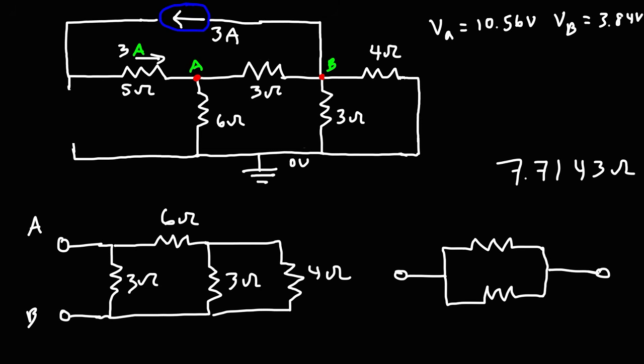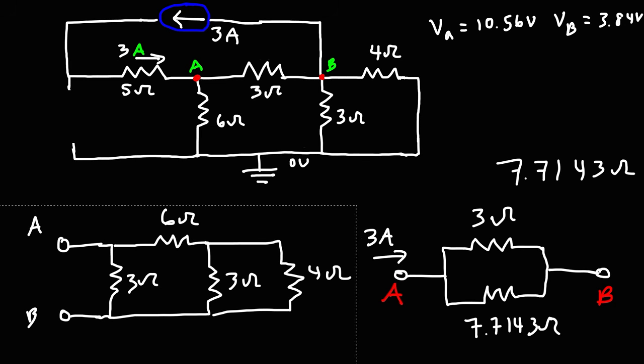So now we can set up our current divider circuit. Going from point A to point B, there's 2 options. The current can flow through the 3 ohm resistor, or it can flow through an equivalent resistance of 7.7143 ohms. And we have 3 amps of current entering this branch.